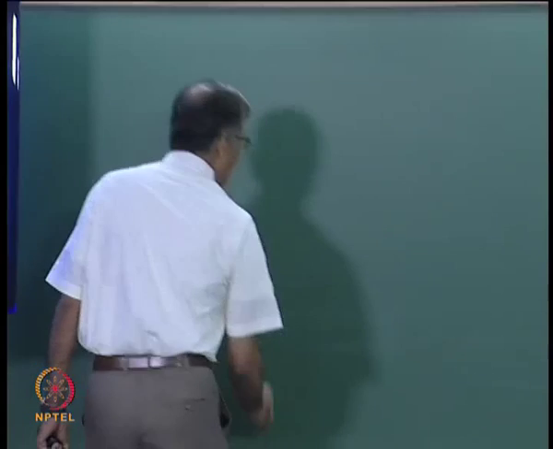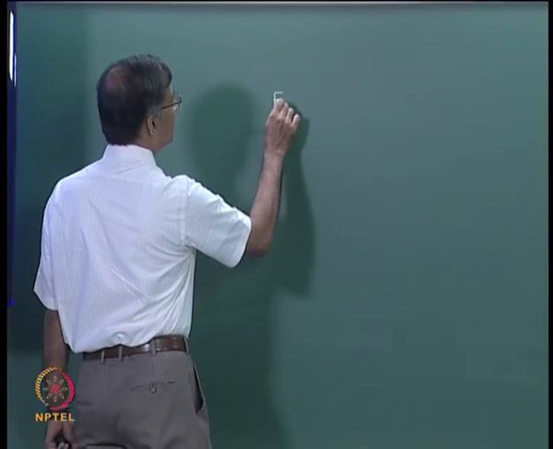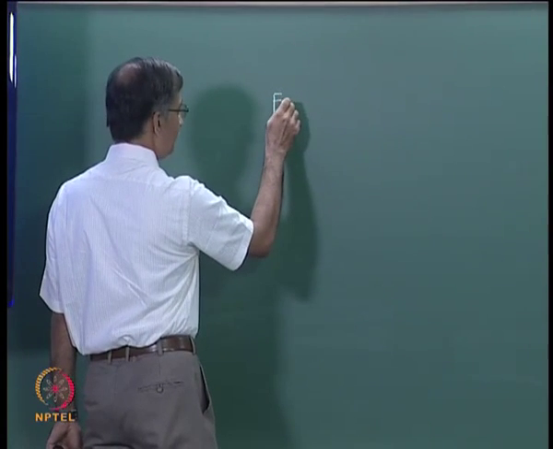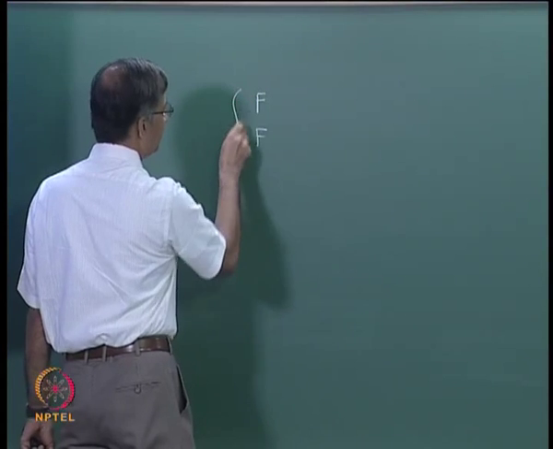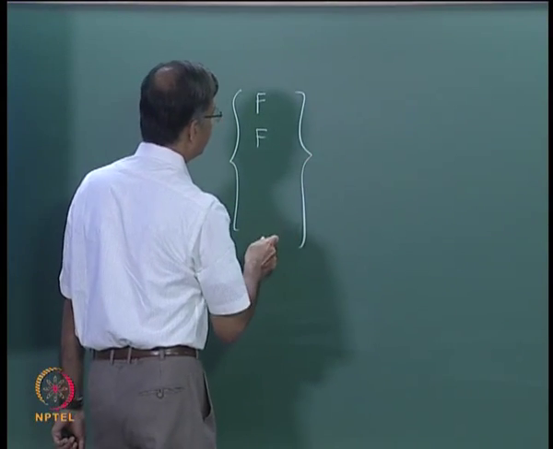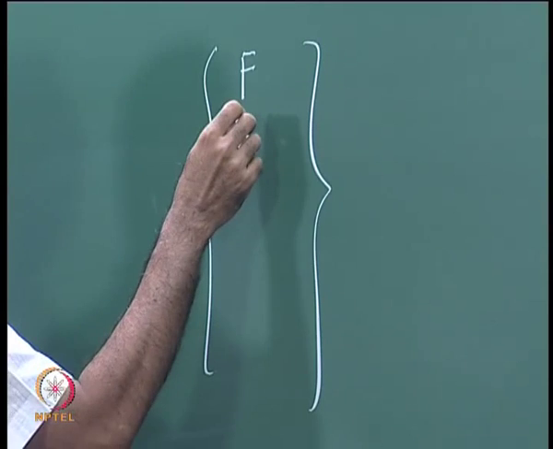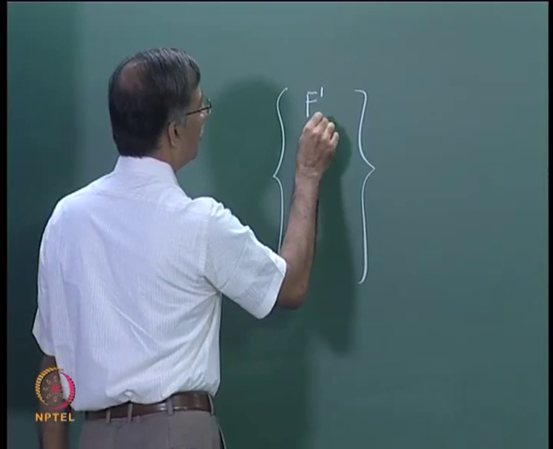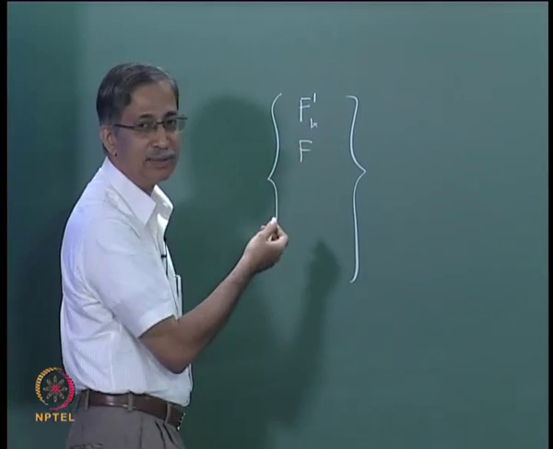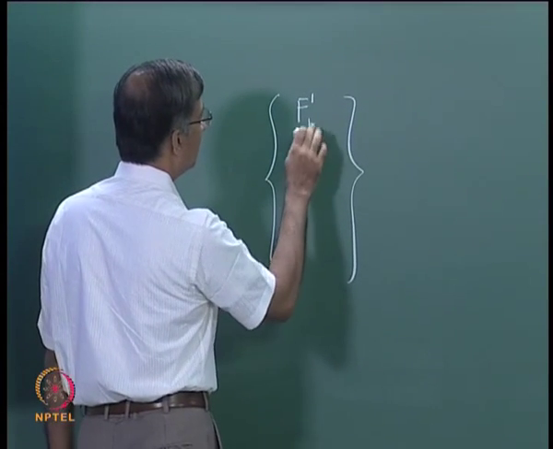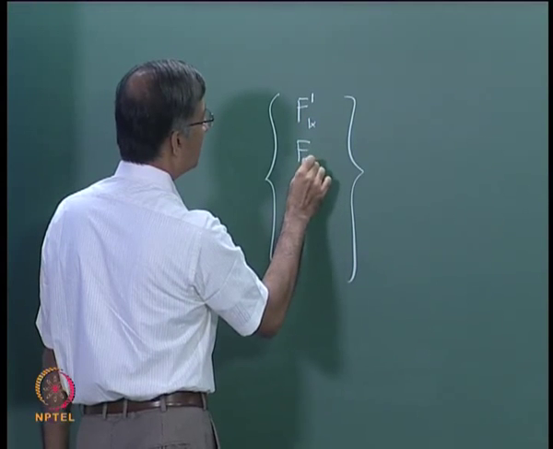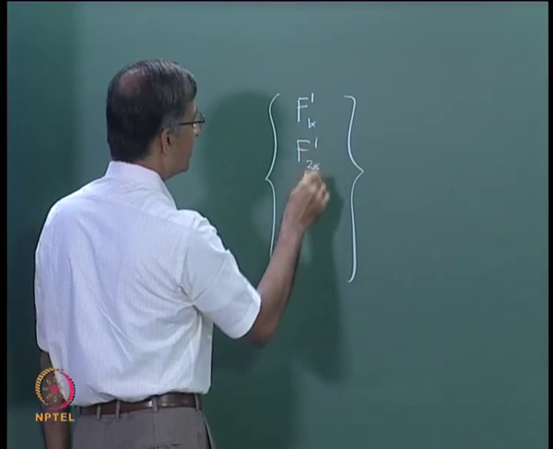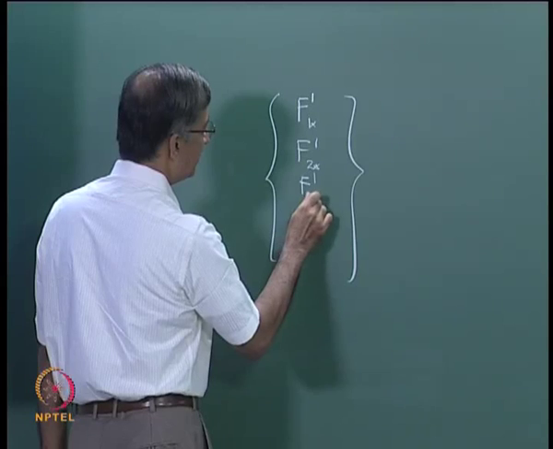Let me give you a simple example. Let us take a truss. Let us say the truss has 4 elements. For the first element, we have F1 star, 2 star, 3 star.